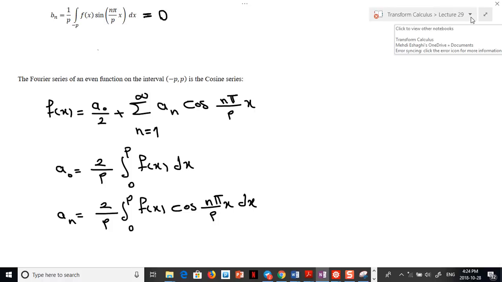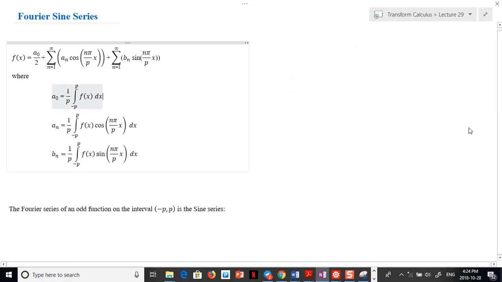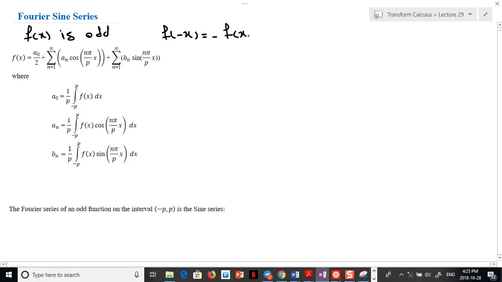Now we want to find the Fourier sine series of odd functions. Imagine in this case f(x) is an odd function. It means that f(-x) is equal to minus f(x).